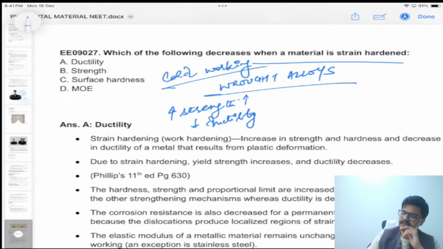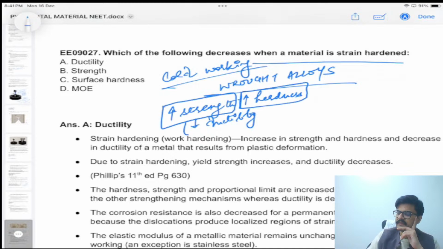Also, it increases in hardness, but it becomes more brittle. That means its ability to undergo further plastic deformation decreases. So its ductility decreases. And what is the reversal of this cold working?